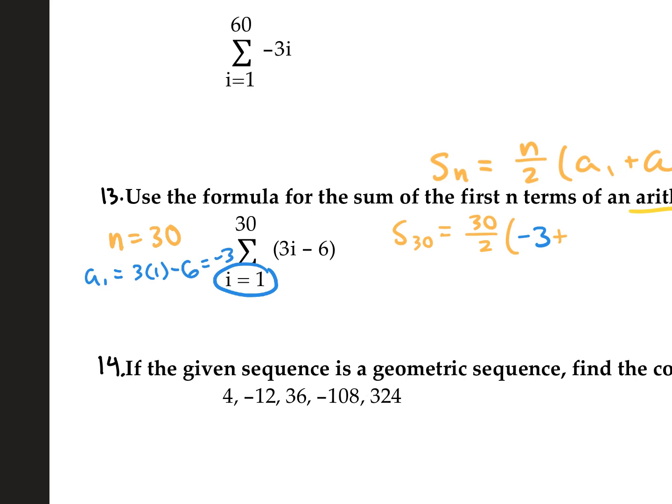And then how do I find a sub n? Awesome, I plug in 30. So it would be 30 times 3 minus 6. So 90 minus 6 would be 84.